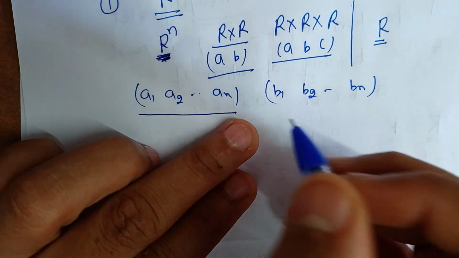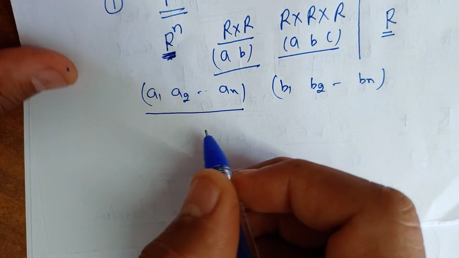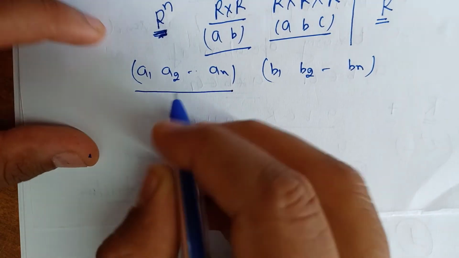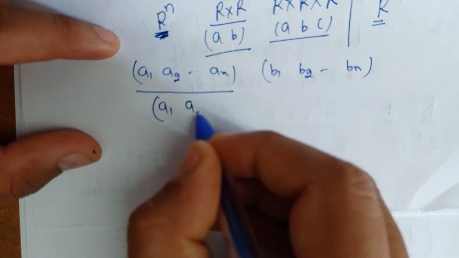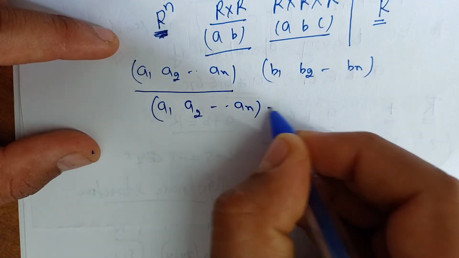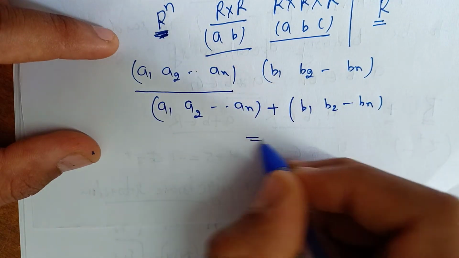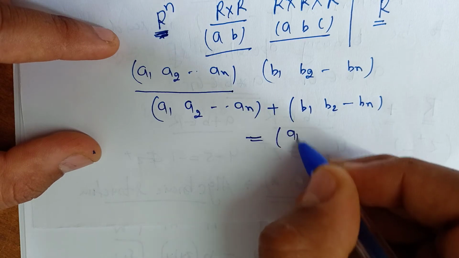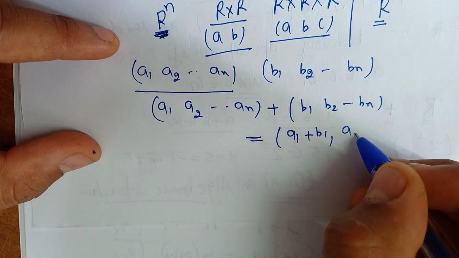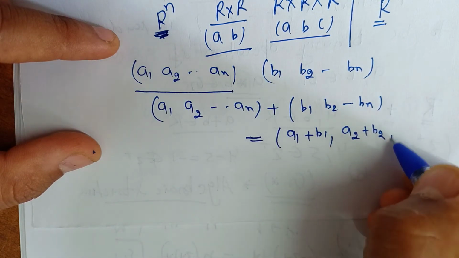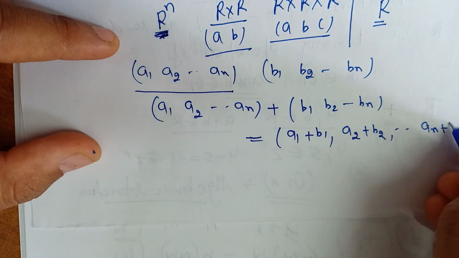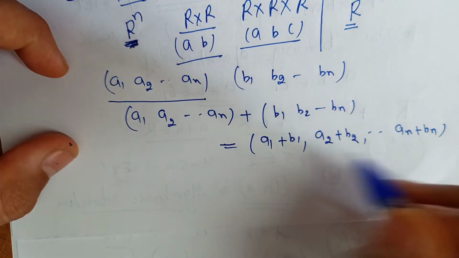The vector addition can be defined as (a1, a2, ..., an) plus (b1, b2, ..., bn) equal to (a1 plus b1, a2 plus b2, ..., an plus bn). So this is your vector addition.